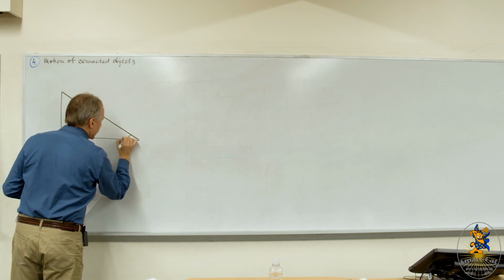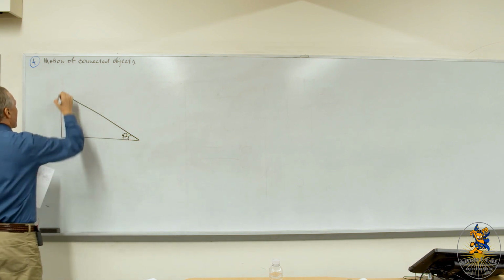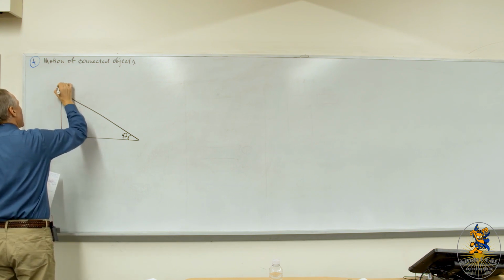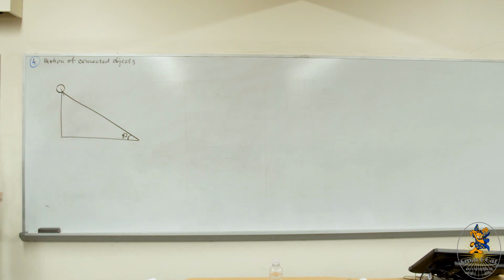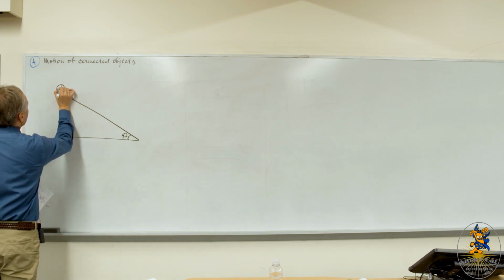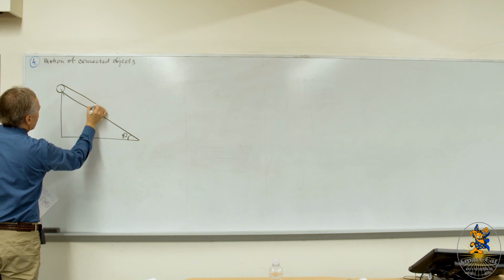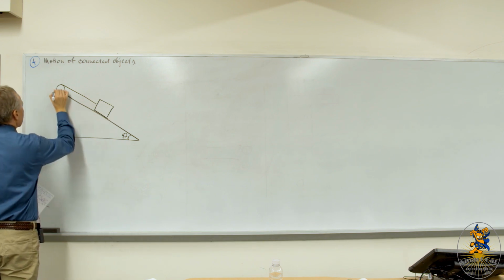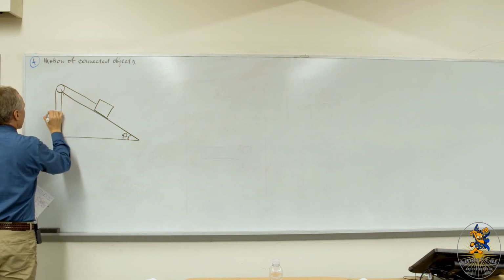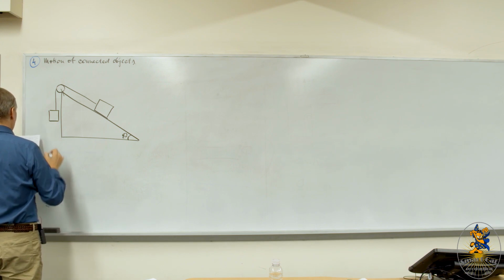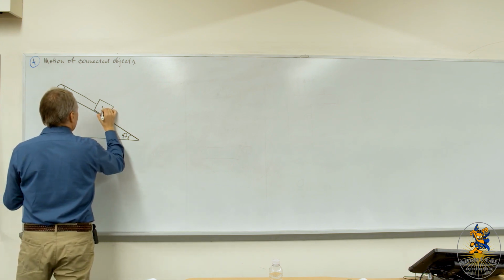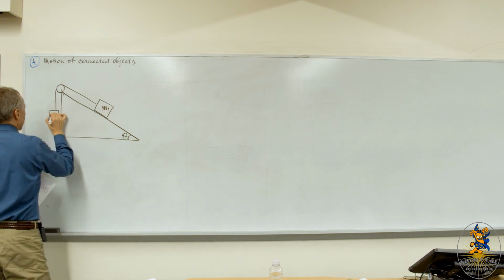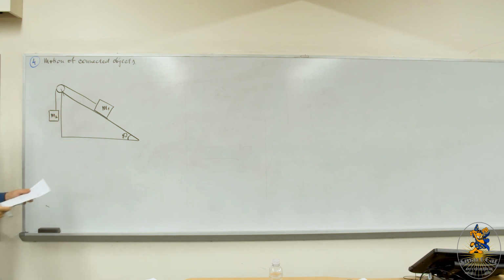The angle is given. Then over here there is a pulley. You remember we solved problems of this type. The pulley is massless and frictionless. And then there are two boxes. The first one is here, the second one will be here. Which way do I label them? This is M1. This is M2.